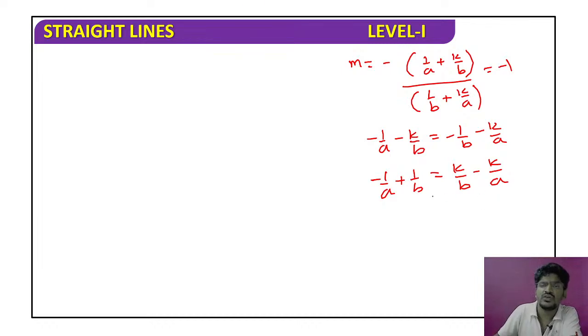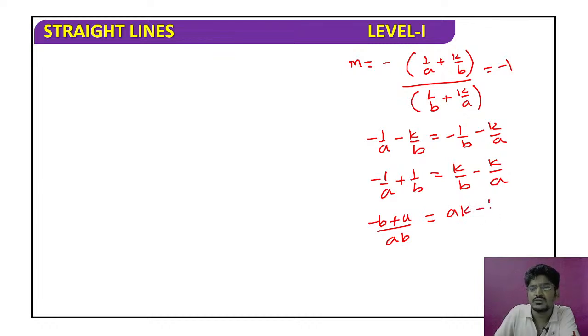Okay, so now you take the LCM and you simplify. Minus b plus a divided by ab, this will be equal to a into k minus b into k divided by ab. Okay, so from this you can see ab and ab will get cancelled.